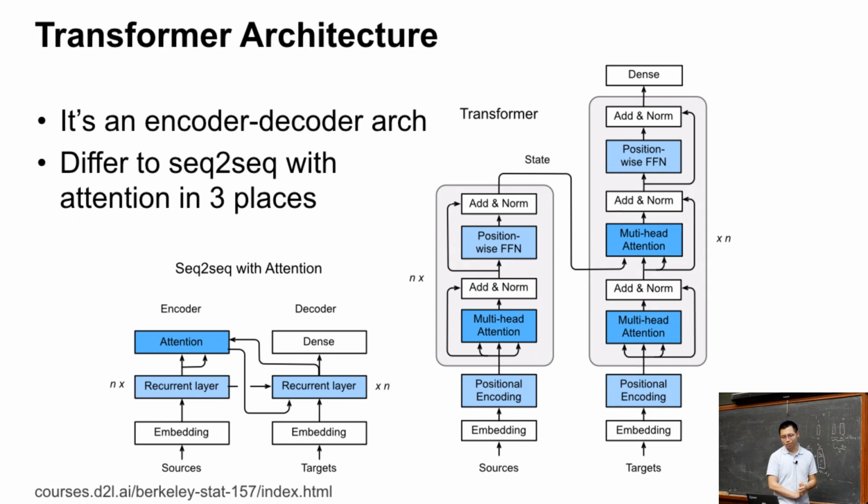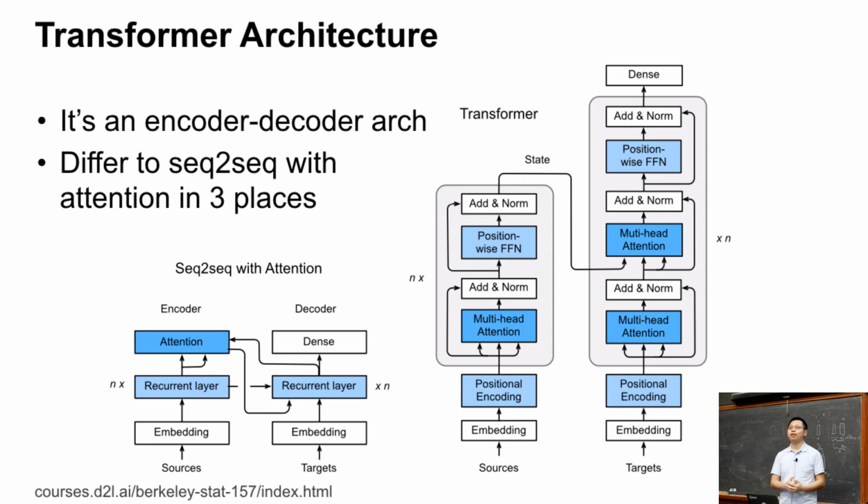Now here's the model. On the left-hand side is sequence-to-sequence with attention, the encoder-decoder structure. The right-hand side is the transformer. The reason we put the two together is that the transformer is actually an encoder-decoder architecture. Even though it is a little bit different, you can see that you have the source sentences put into the encoder, and you have the state passed into the decoder.